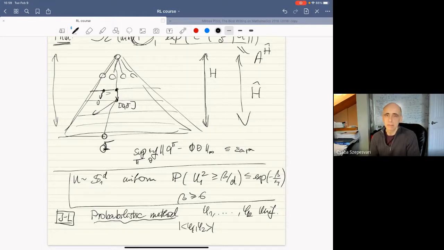To argue that all of these are going to be small is the same as saying that the chance that the maximum of these is going to be large is smaller than 1. So it would be enough to show this, because from this it follows that with positive probability, the maximum is smaller than tau.